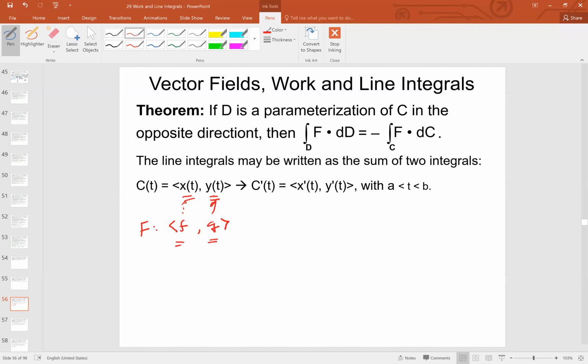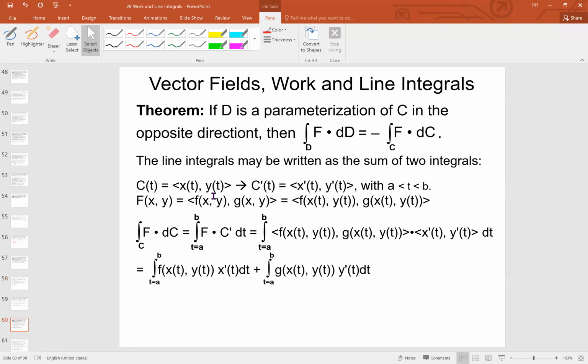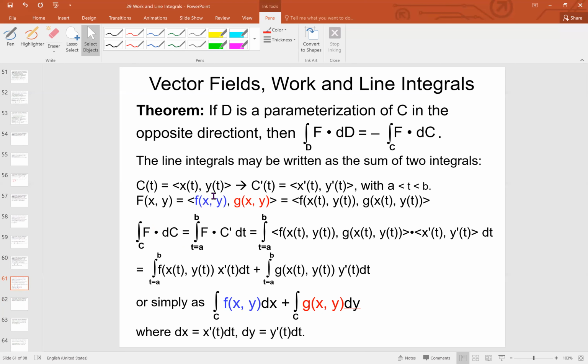So we come to realize two different integrals, the component integrals, if you like. When we do these calculations, we can break what we've done before into two integrals.